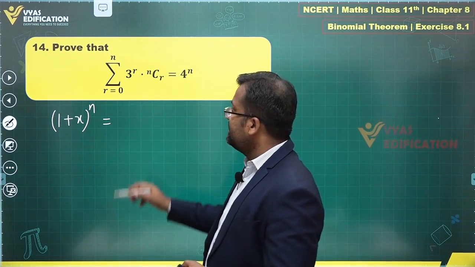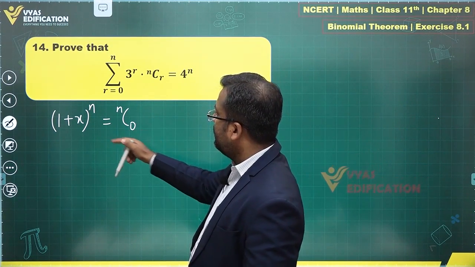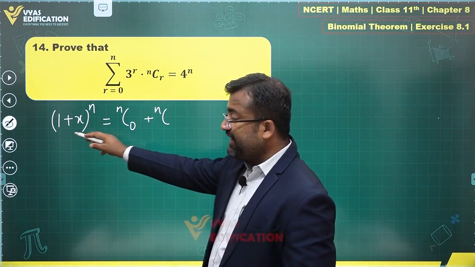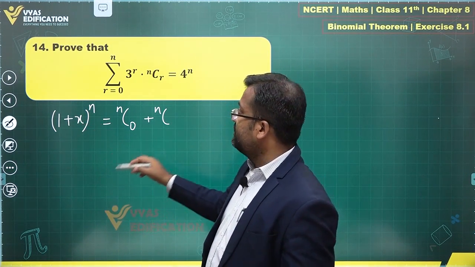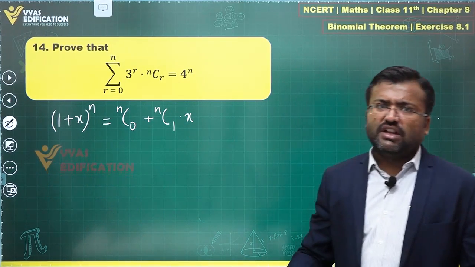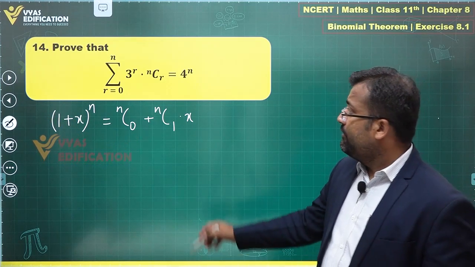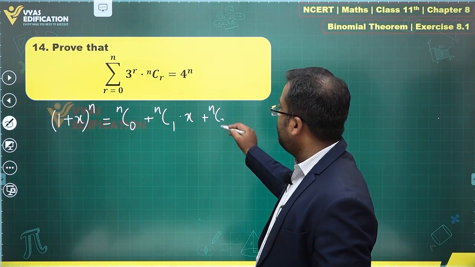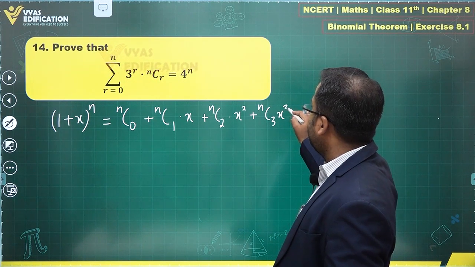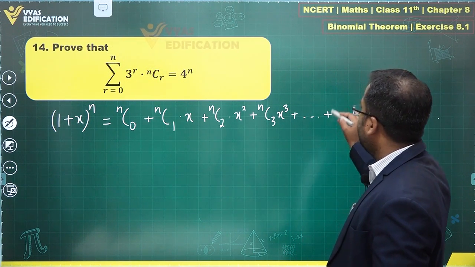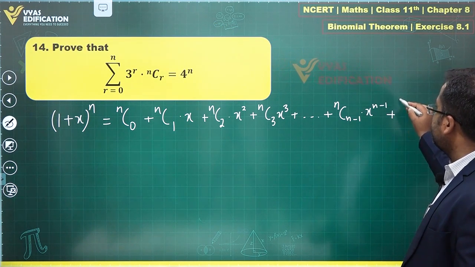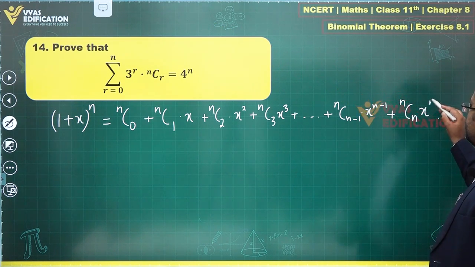This is nC0 times 1 power n, which is 1, and x power 0 which is 1. nC1 times power of x will increase, power of 1 will reduce, but that will be simply 1. Next term will be nC2 x square. After that you will have nC3 x power 3 plus dot dot dot nC(n-1) times x power n-1 is the second last term. The last term will be nCn x power n.